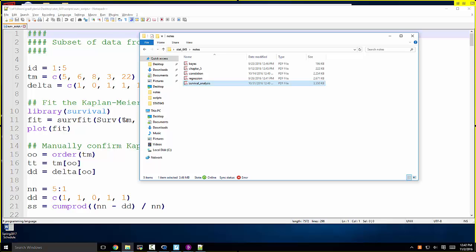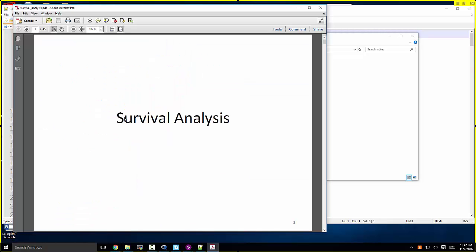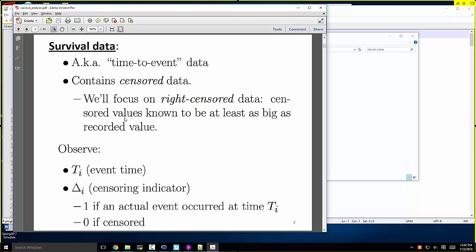Let's keep talking about survival analysis and the Kaplan-Meier survival curve estimator real quick. I introduced the notation for working with censored data last time. Now that we have the potential for censored observations, we need an indicator in our data set for each event time that tells us whether or not it was an actual event or a censored time.